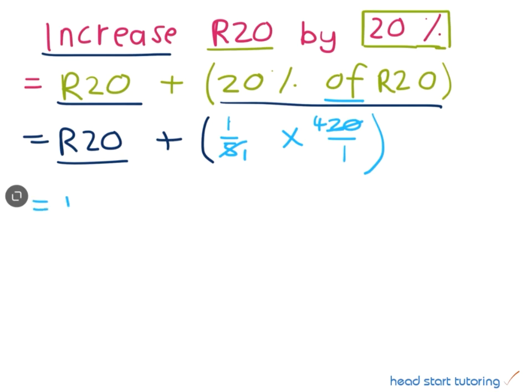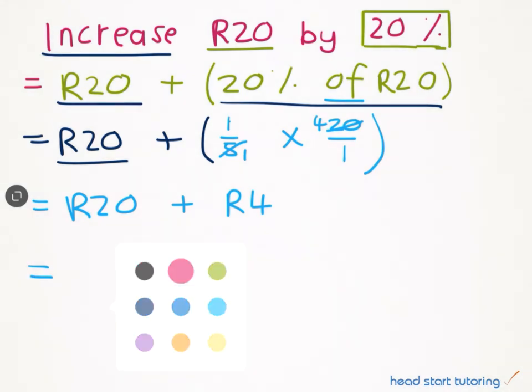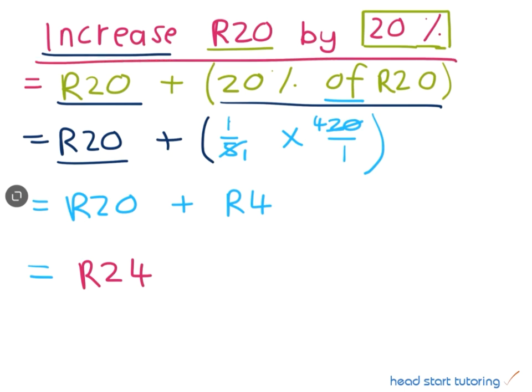So we end up with 20 Rand plus 1 times 4 is 4 and 1 times 1 is 1. So we get an answer of 4 over 1, or just 4 Rand. So 20 plus 4 is equal to 24. So increasing 20 Rand by 20% gives us an answer of 24 Rand.